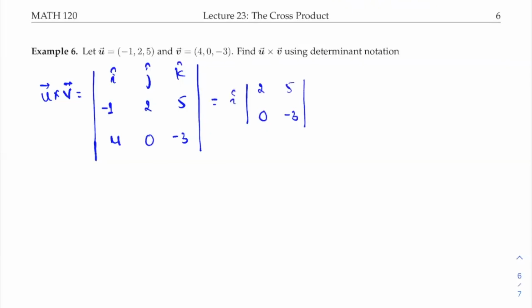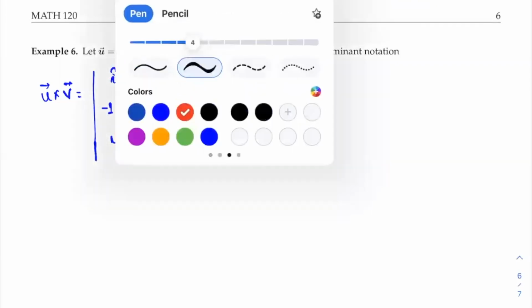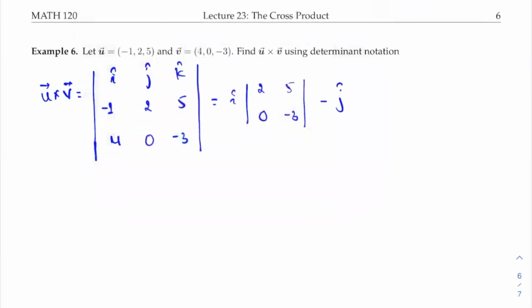Again, I get this because when I choose i, I remove the corresponding column and row, and I'm left with the entries 2, 5, 0, -3. For the second entry, I get minus j multiplied with the determinant of -1, 5, 4, -3, plus k times the determinant of -1, 2, 4, 0.